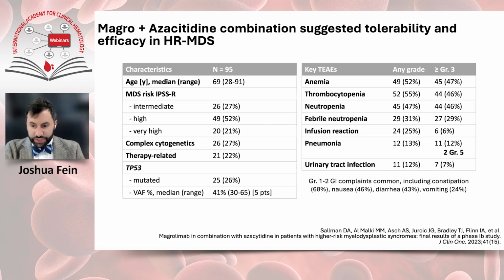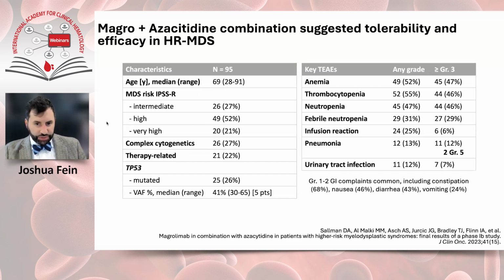The first of these studies that I'll talk about, which was published last year by Salman, first author, was magrolimab and azacitidine. And this was in higher risk myelodysplastic syndromes. They accrued 95 patients to the study with a median age of 69 years, but a range of 28 to 91.